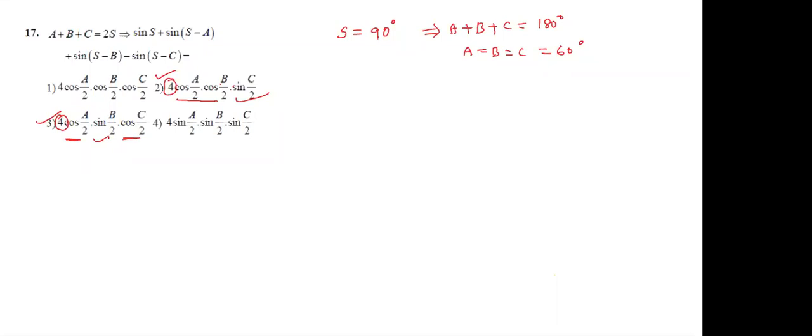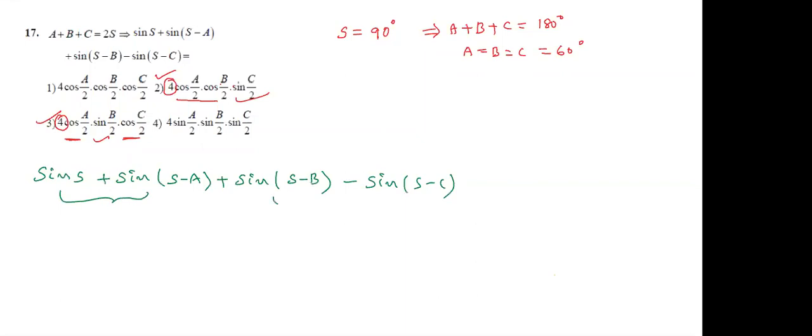What is the general method? You have already done it in the IP long answer. Same method: sin S plus sin (S minus A) plus sin (S minus B) minus sin (S minus C). Take two terms as one unit. First term, sin C plus sin D equals 2 sin ((C plus D)/2) cos ((C minus D)/2).